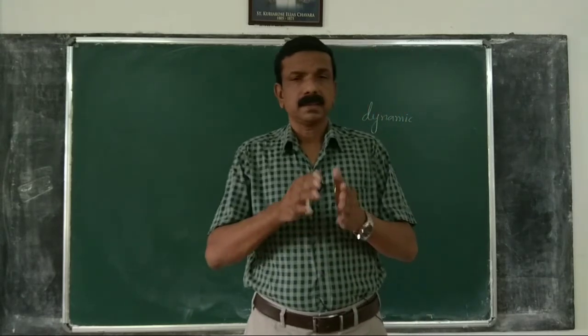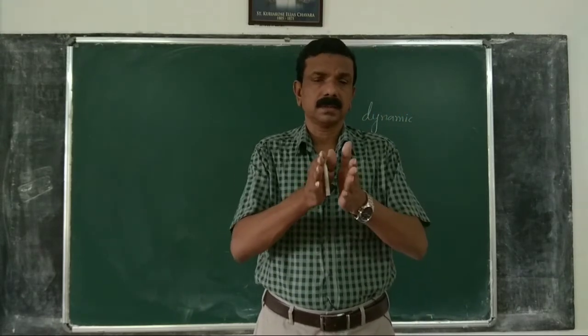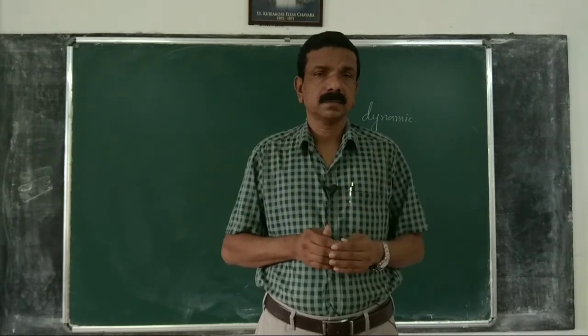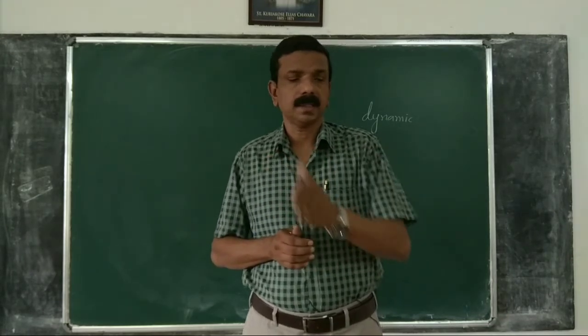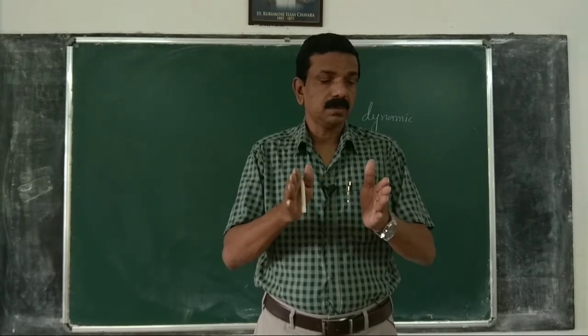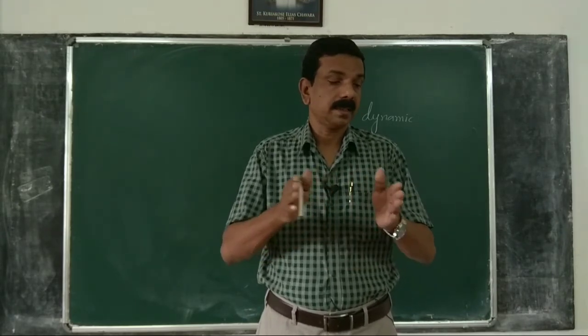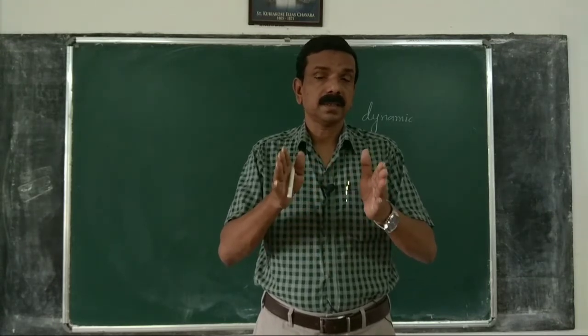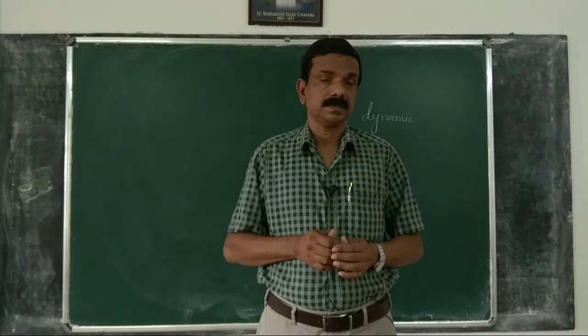And given that there is dynamics in the nature of relationship between y and x, between dependent and independent variables, the question is how to model such a dynamic relationship.